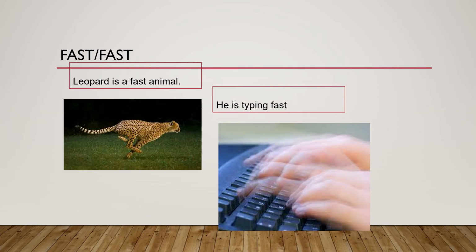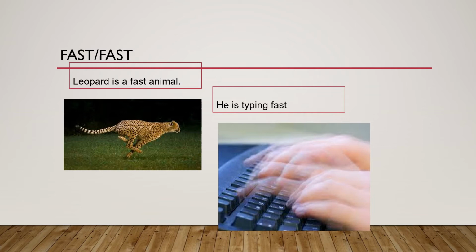Fast, fast. Okay, this is a very good moment for us to know that not all the adverbs will end in -ly. There will be some that we call irregular adverbs, and this is one of them. The irregular part is that the adjective and the adverb are the same.